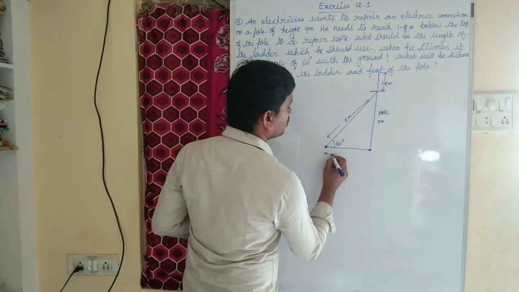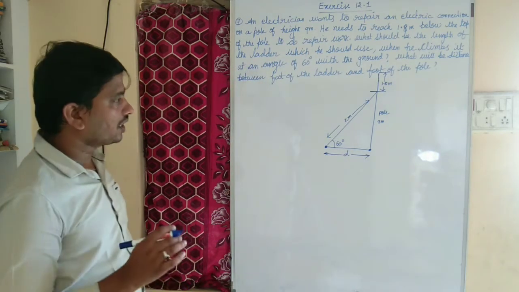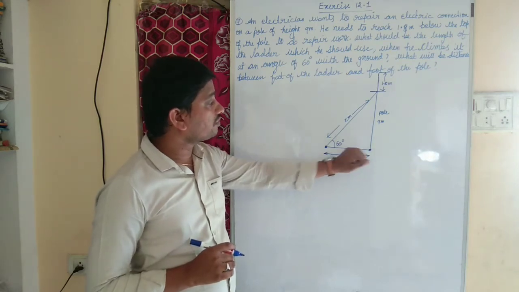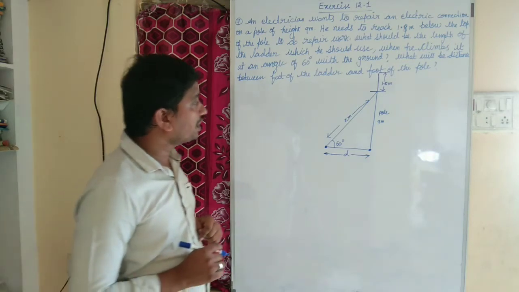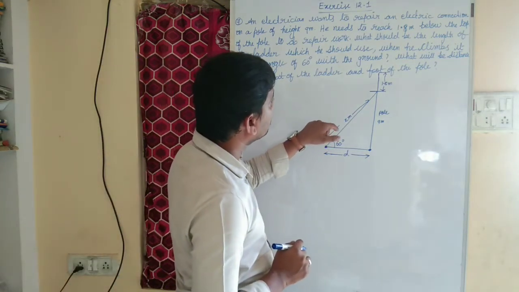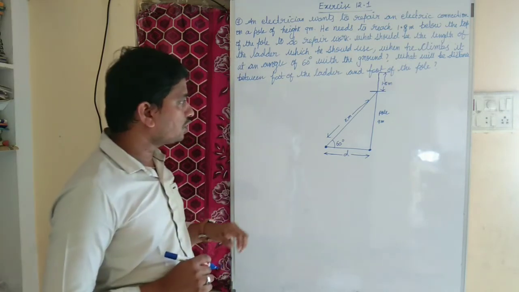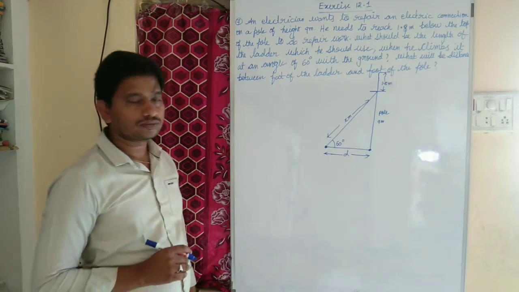This distance also they are asking to find out, right? So the unknown quantities are, one, the distance between the foot of the pole and the foot of the ladder, and the second unknown quantity is the length of the ladder. And the known quantity is the height of the pole.